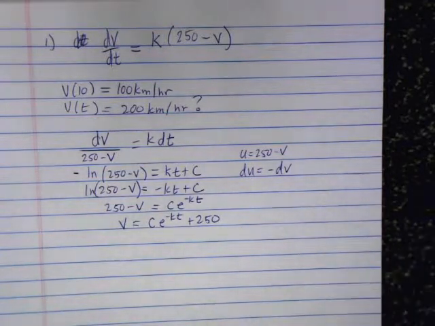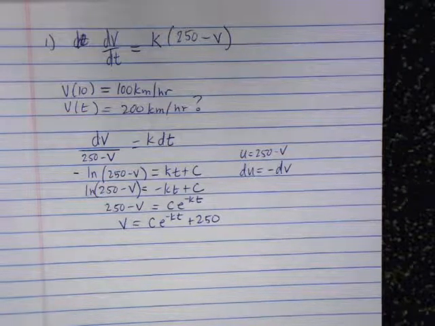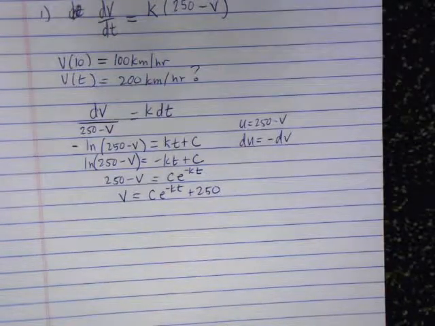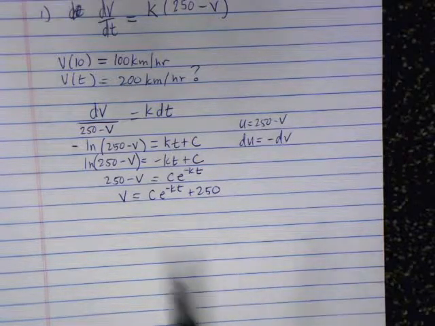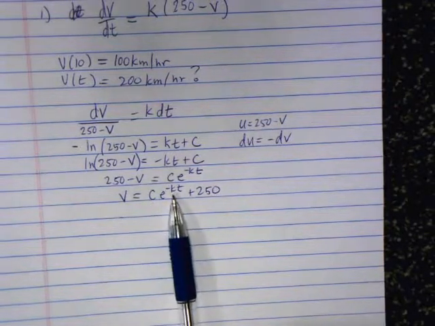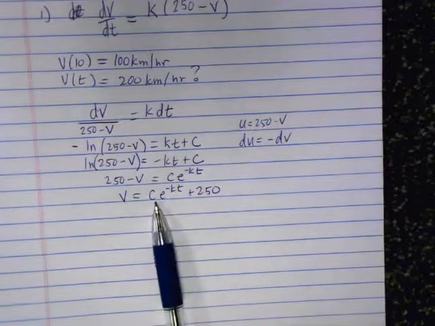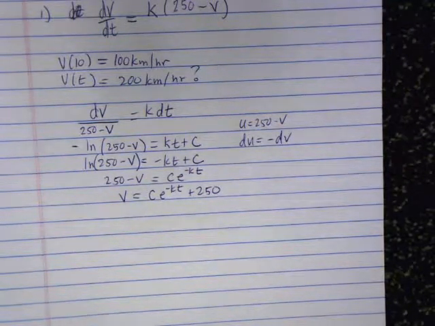Now what? The problem is I've got two variables, a c and a k. Find the c first. How am I going to find c? Plug in 0 for t. So that's an initial condition we didn't write down.